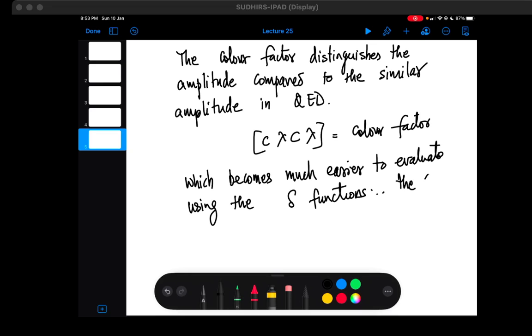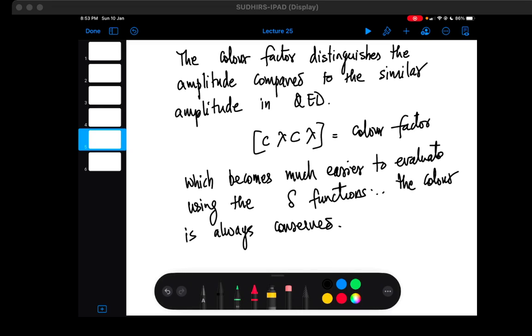So the main point is that instead of going into the technical details, because we are not going to be experts on QCD, this is not going to be a QCD lecture, we are just doing an overview of the topic. The main point is these color factors.